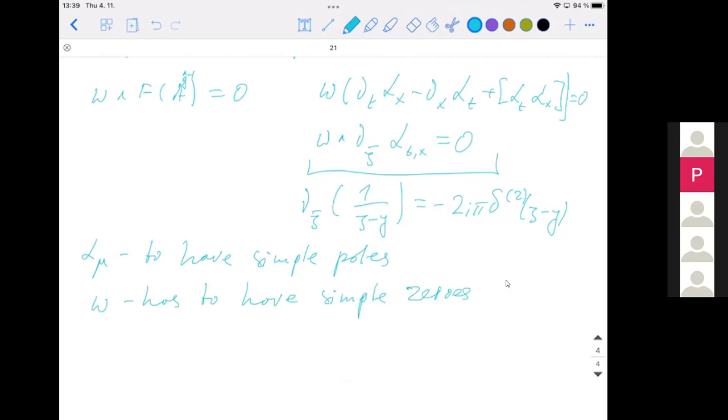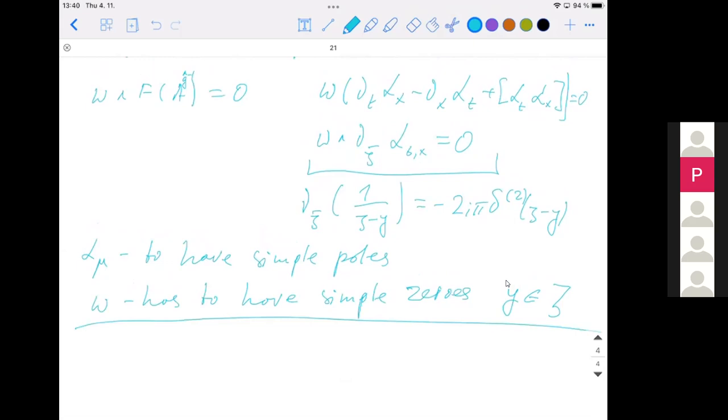So omega has zeros at y. This is called a disorder defect.